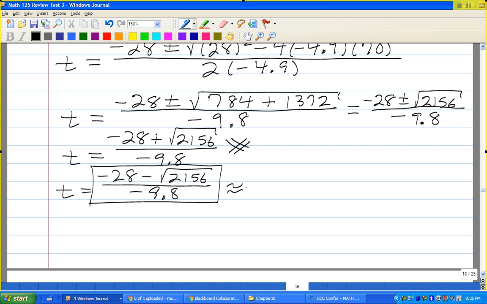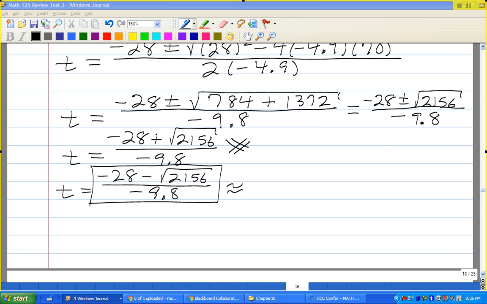So this is approximately equal to negative 28 minus the square root of 2156, which is approximately 46.43274706.